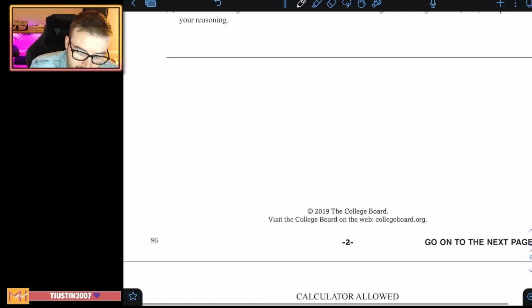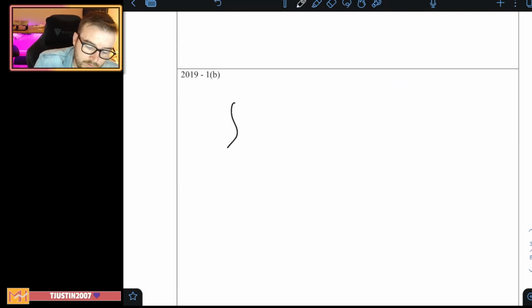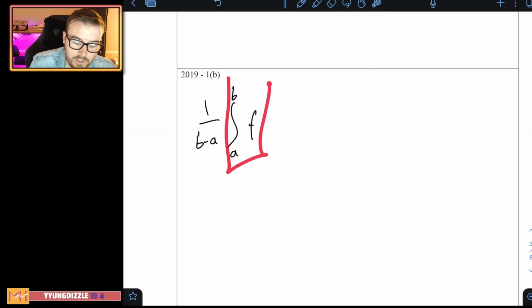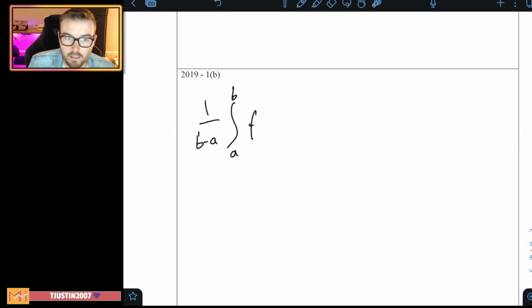So how do you find the average of something? Well, the average value formula is 1 over b minus a, integral from a to b of some function f. That's how you find average value. Because what does this represent? The total. But if you take the total and divide it by the distance between the bounds, you're finding the average, because that is what average is after all. It's add all the numbers together and divide by how many there are.